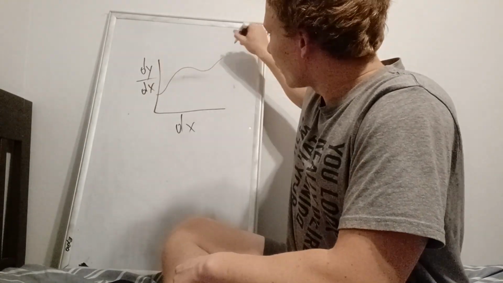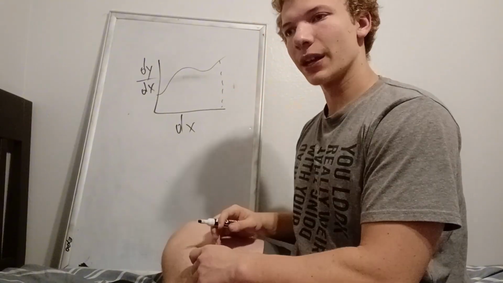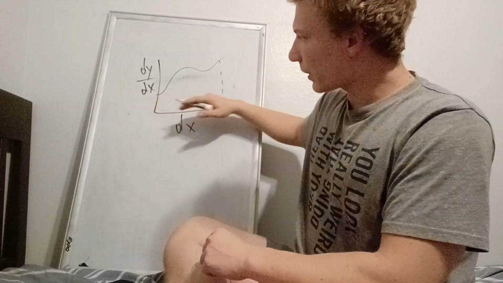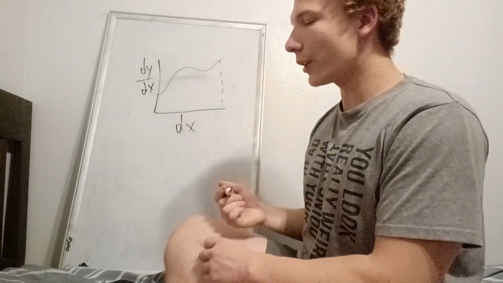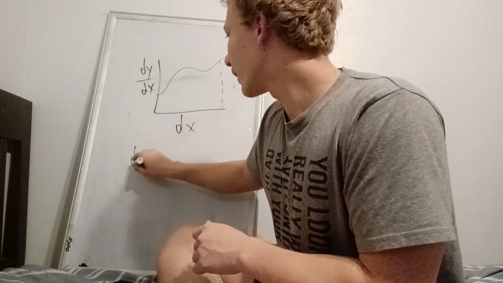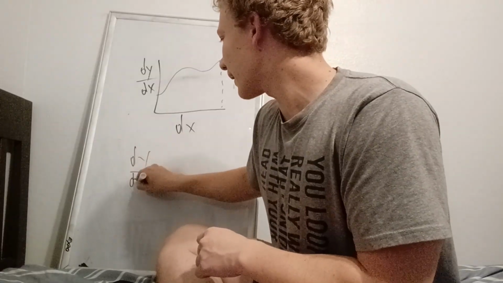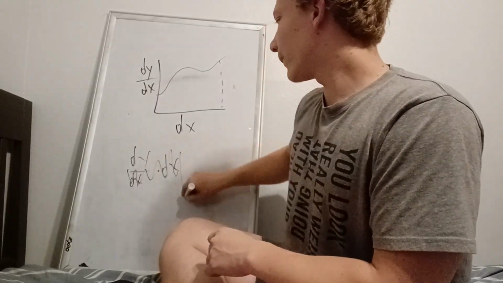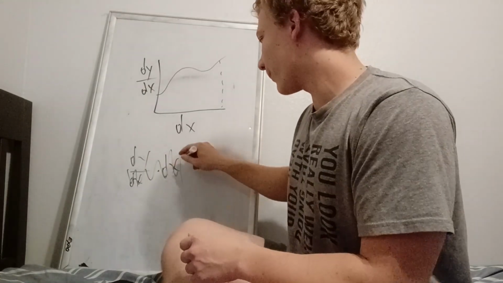Now, if we take the area under the curve, since we're finding the area of a two-dimensional shape, we'll be multiplying one dimension by another. In other words, we're going to be multiplying dy/dx by dx. And those dx's have to be the same.